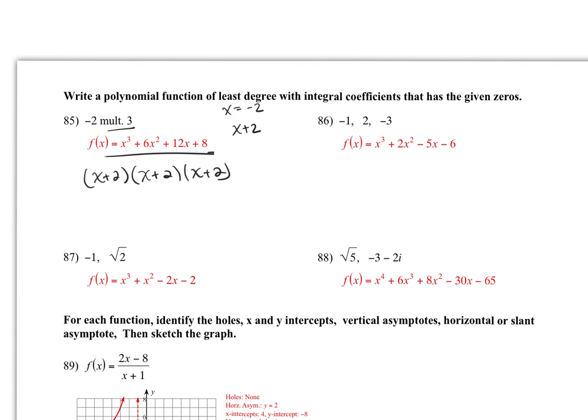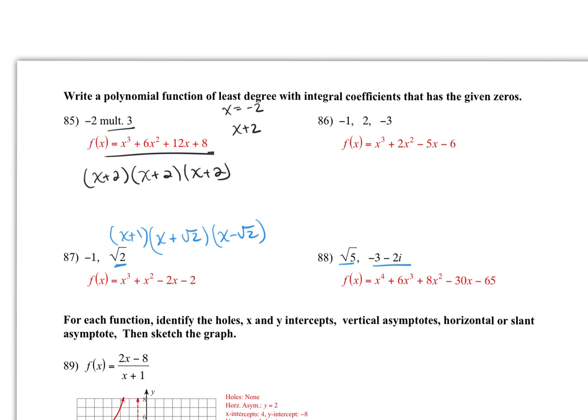A couple things I want to point out. If it is a radical or an imaginary, you have to do the conjugate there. So you have to say this is going to be the positive and negative. So x plus square root of 2 is going to be one of them. X minus the square root of 2 is going to be one of them. And then, of course, x plus 1 here is going to be one of them. This is going to have 4, right?